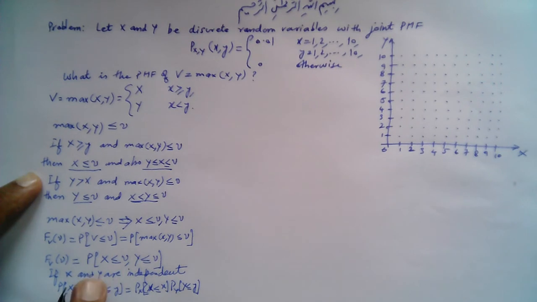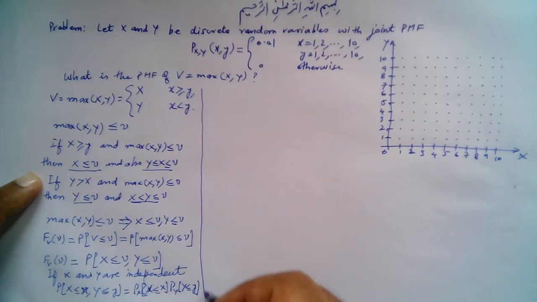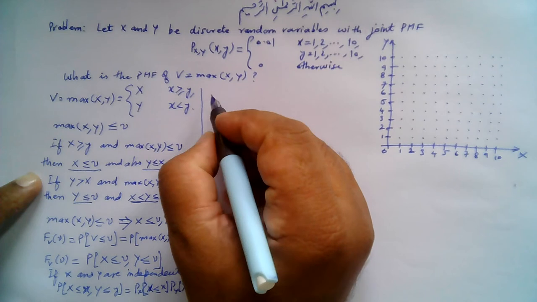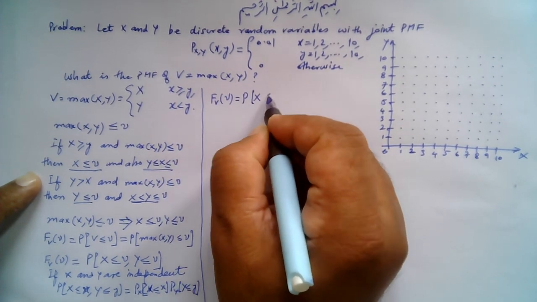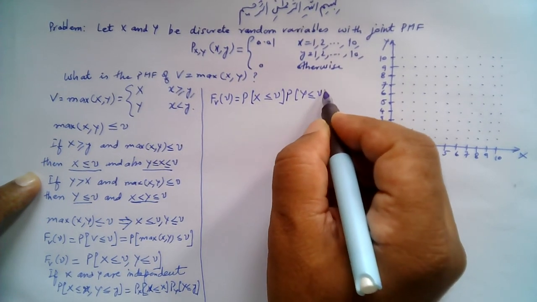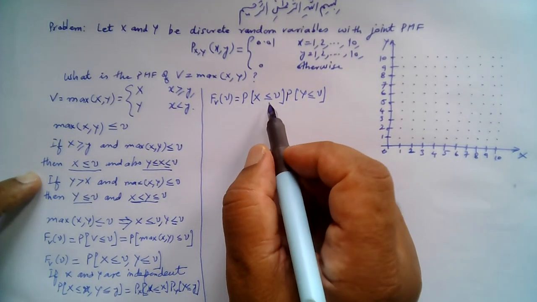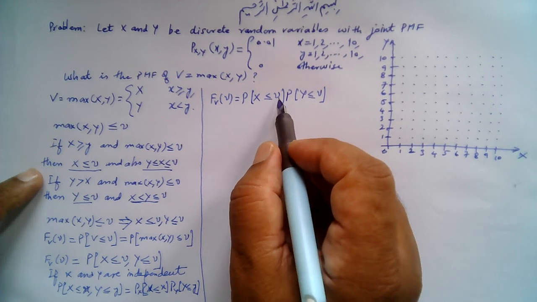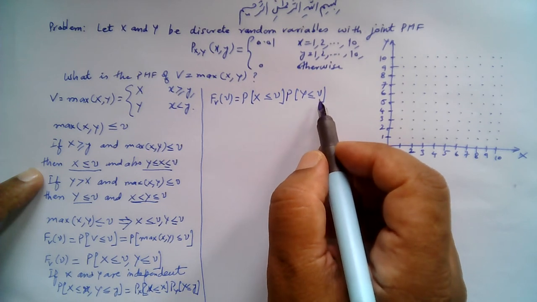So we can write this relationship in a different way also. The probability that x is less than or equal to v multiplied by the probability that y is less than or equal to v. So this, if you see carefully, is the CDF of x evaluated at value v, and this is the CDF of random variable y evaluated at value v.